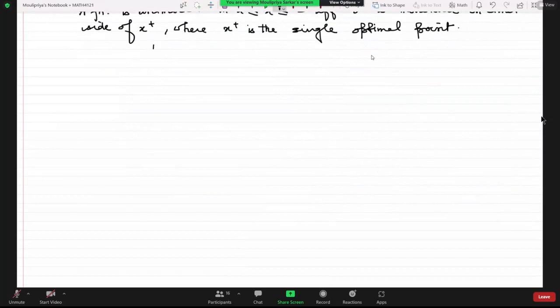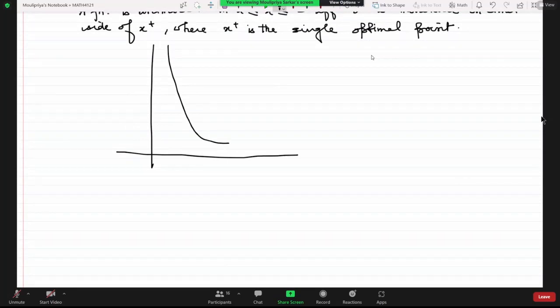That implies if this be the case, this is the point x plus, this is x, and this is f(x).